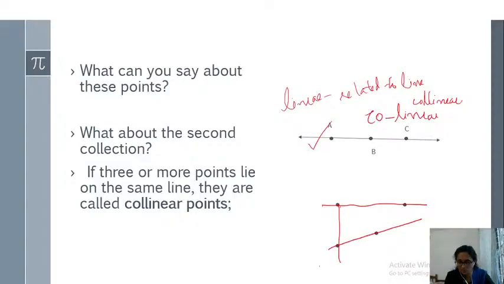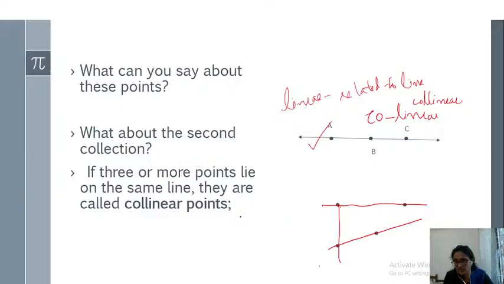So what can you say about these points? They are non-collinear points. Like I said, the word linear is related to line. If you have already heard about linear equations, geometrically it means that the equation can be represented as a line.